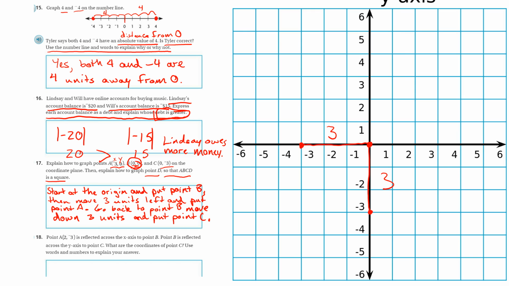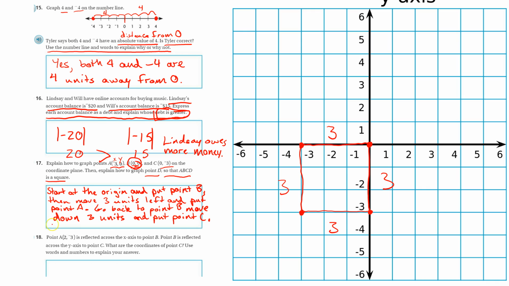To make a square, it needs to have all sides the same. So I need this side to be 3 and this side to be 3. So that would be a square. So my final point D needs to be right here.